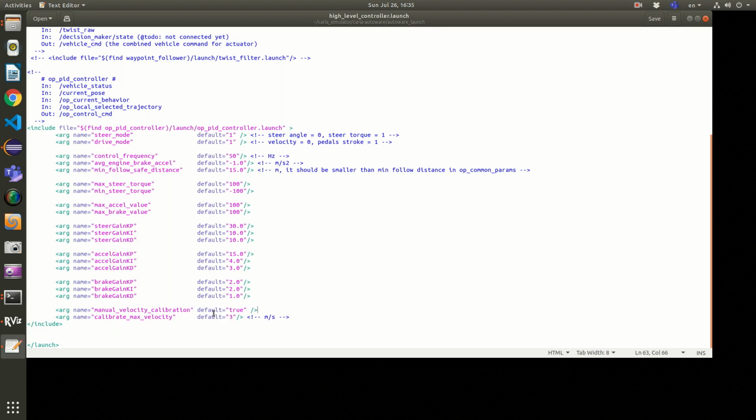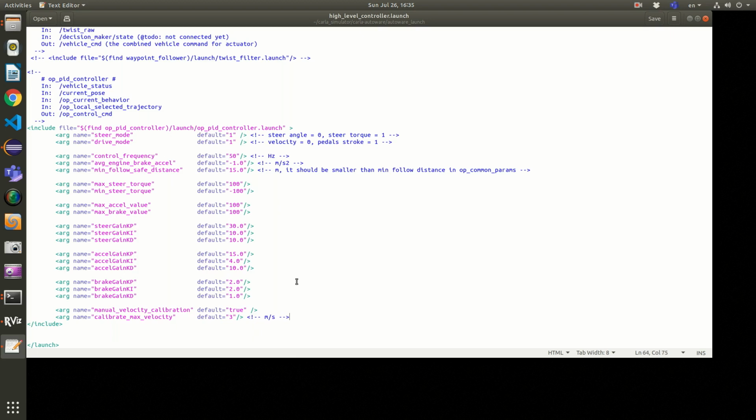We can repeat this experiment several times with different max velocity values. In the original example, I had this controller tuned with these values for targeting 12 meters per second.